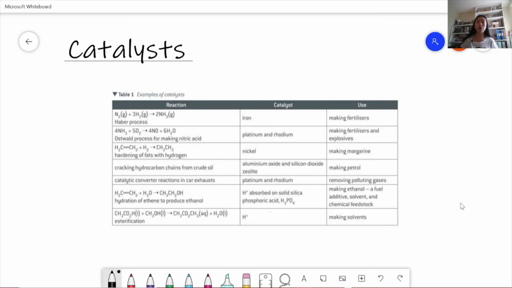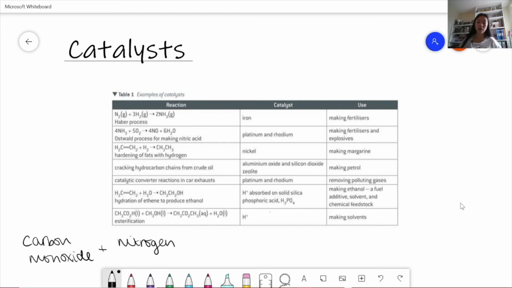And also the rate of reaction is increased significantly by the increase in surface area. As the gases pass over the catalyst, the polluting gases react with each other to form less polluting gases. So, for example, we could have carbon monoxide and nitrogen oxides.